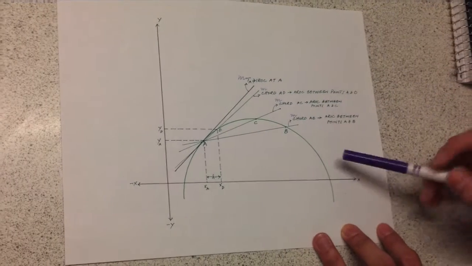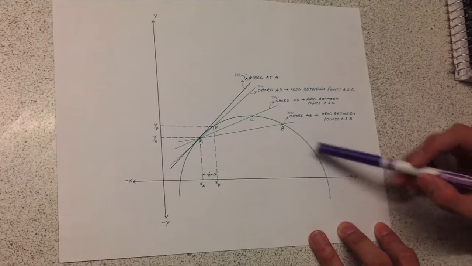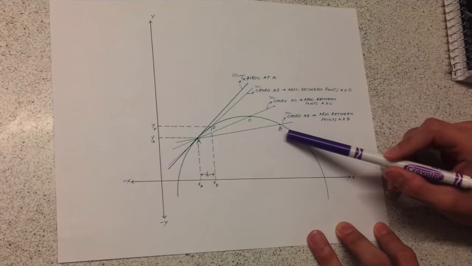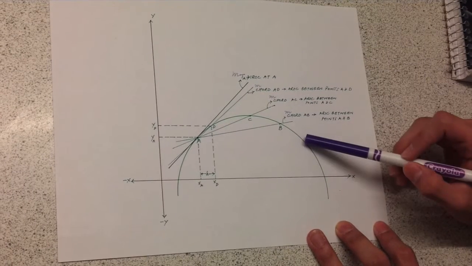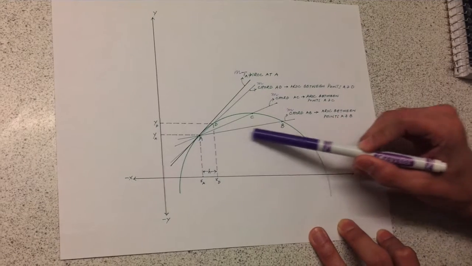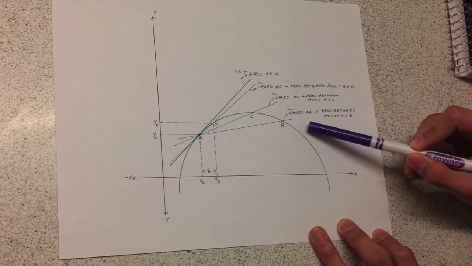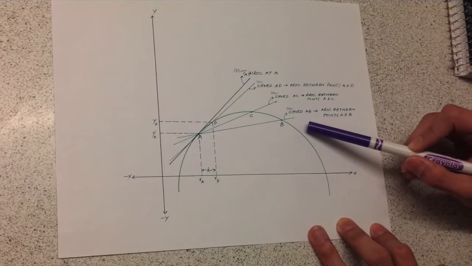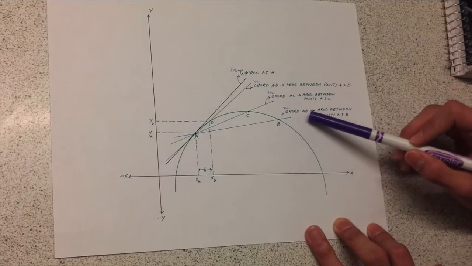Now, let's take another point on the curve, B. And the slope of the line between the 2 points A and B is called the chord.